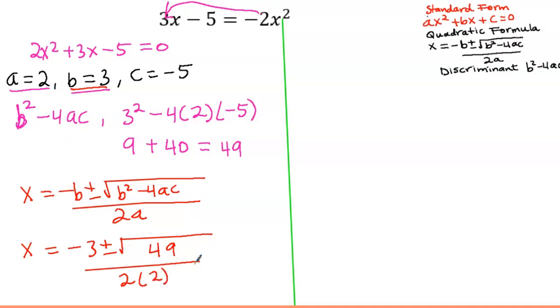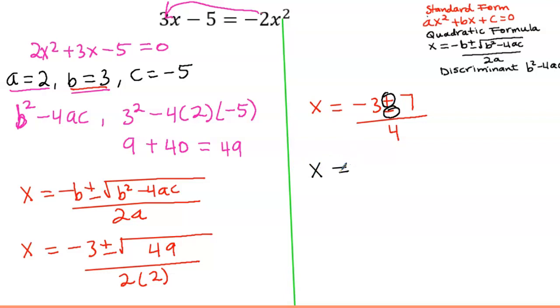So anytime I say times 2, I use the parentheses. Parentheses mean multiplication, so you can also use a different way if you don't like that. Okay, we got negative 3 plus or minus, and then square root of 49 is 7, all divided by 2 times 2, which is 4.